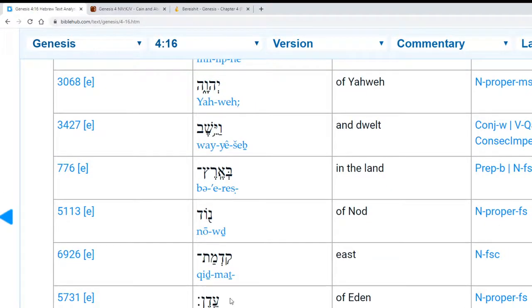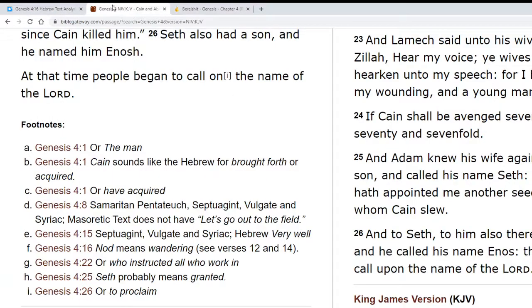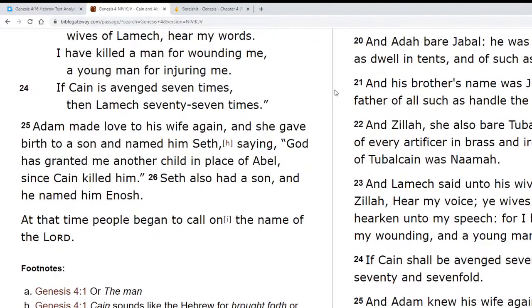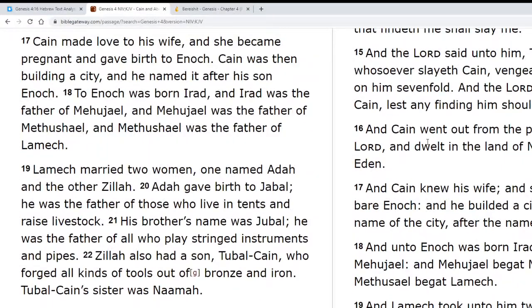Kidmat Eden. So this is in the construct. Kedma means towards front or east, right? Kidmat Eden, east of Eden, right? So King James 16.